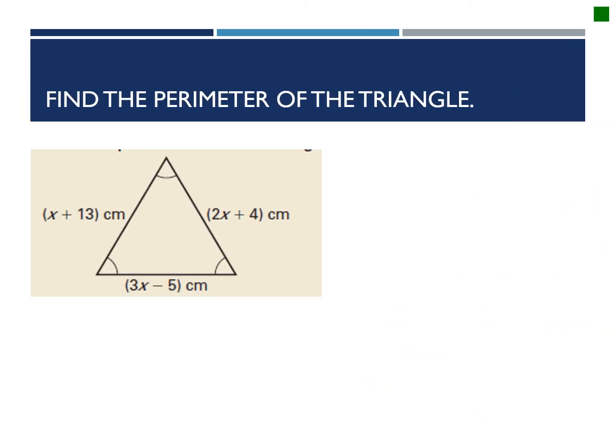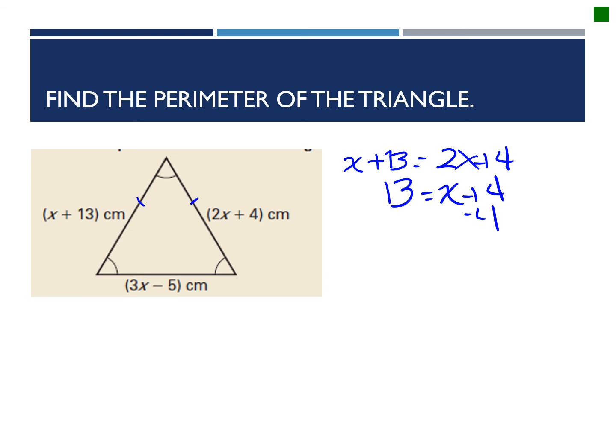Now, if I want to find the perimeter of this triangle, it's an equiangular triangle, which means all of the sides are the same. So I'm just going to take the easiest side, I could take any two sides and set them equal to each other. So x plus 13 equals 2x plus 4. So if I subtract x from both sides, 13 equals x plus 4.